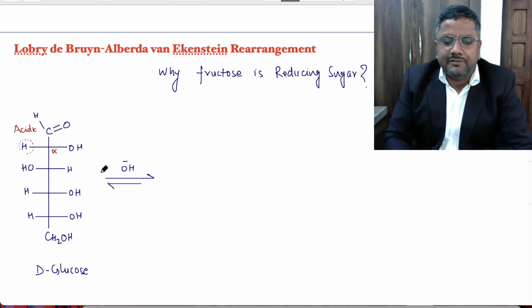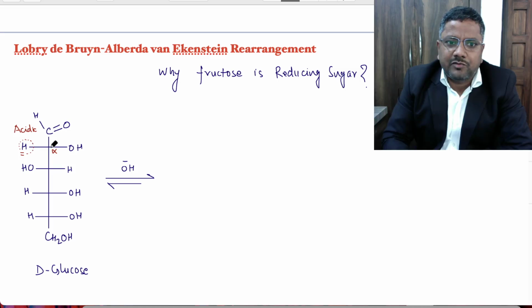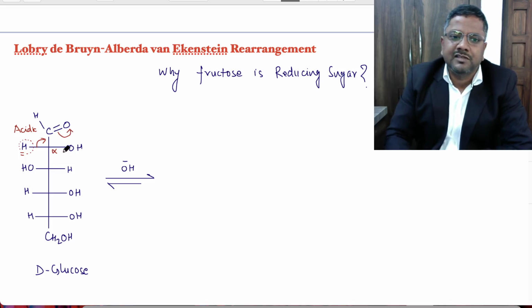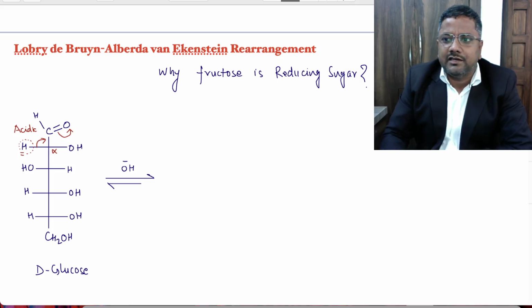So in basic medium, this hydrogen is released, and this will form an enediol, right? So how will this form? H plus will be removed from here. Negative charge will come here. This negative charge will come here, and this bond shifts like this. So I am showing two steps in one step basically, because I am not showing here the loss of proton directly. And this O negative and H will join here. So you are getting here C double bond C, OH.